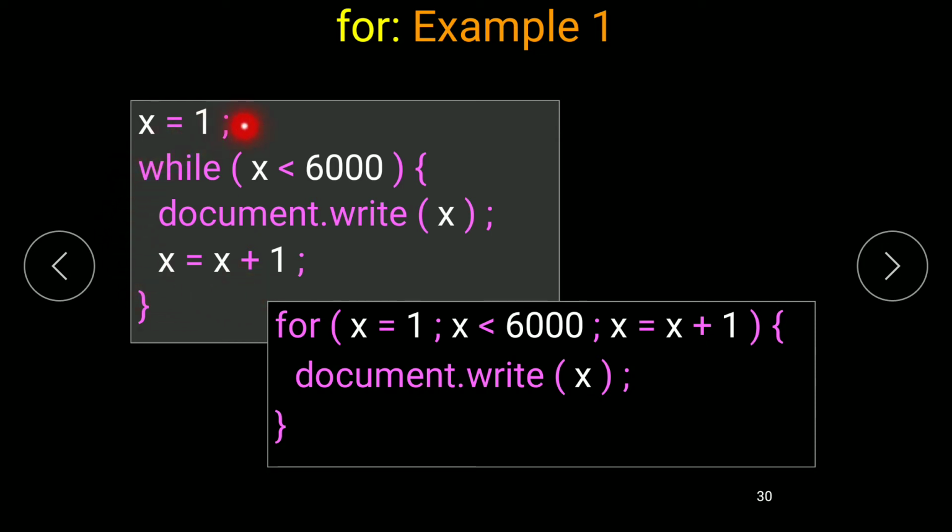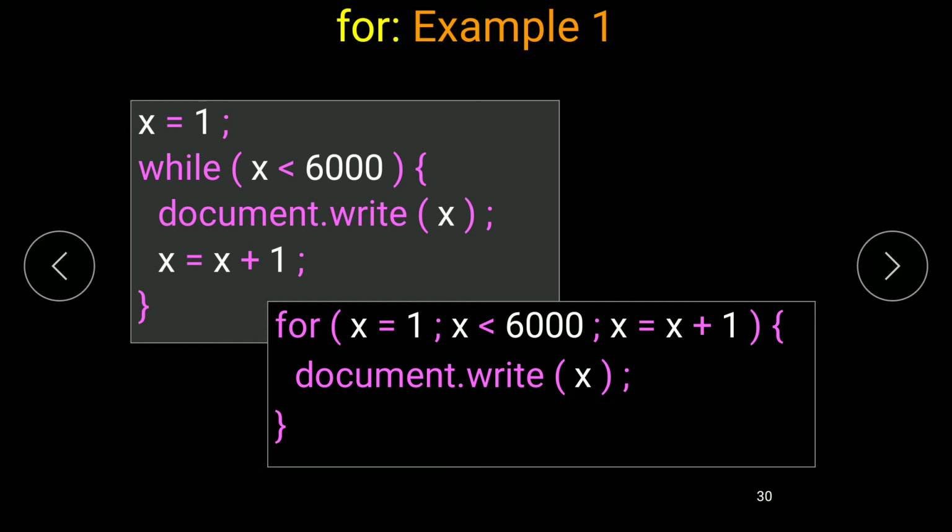Afterwards your control goes to the comparison. If that condition becomes true, your code will be executed. These two statements are executed repeatedly till your condition becomes false, right? The same you can see in the for loop.